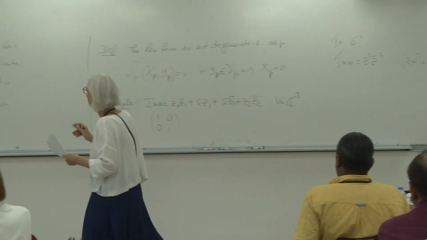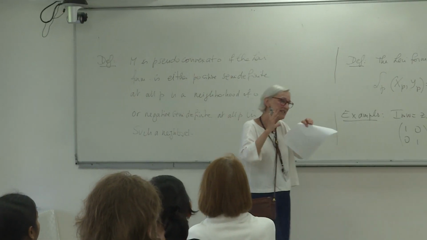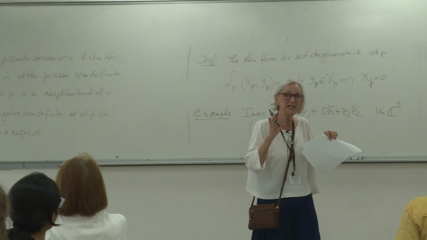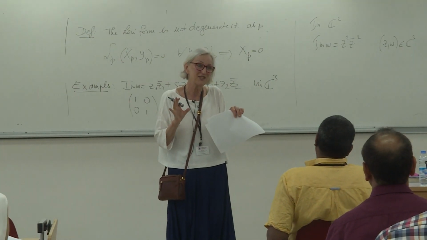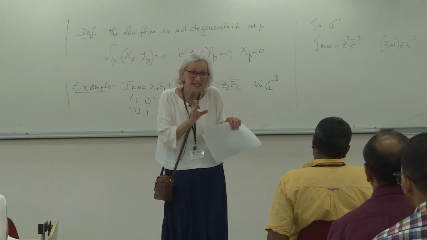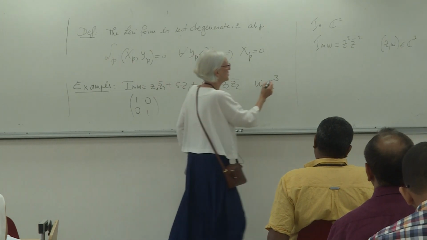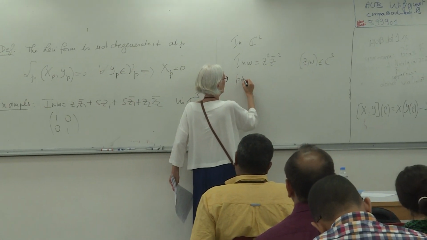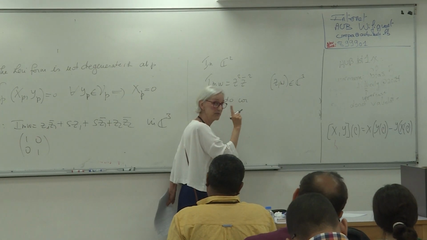What does it mean? You have to be positive semi-definite. That means the determinant is bigger or equal to 0 everywhere, so you can check that it's okay for this one. But at 0, it's not Levi non-degenerate. So this is pseudo-convex, but not strictly pseudo-convex.